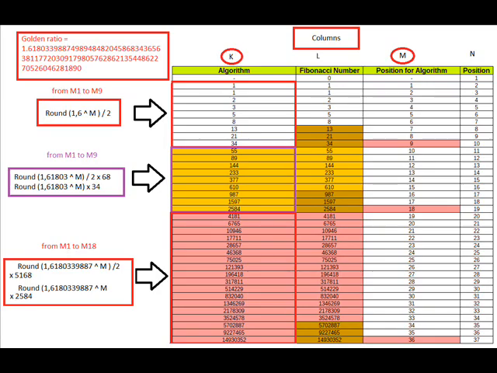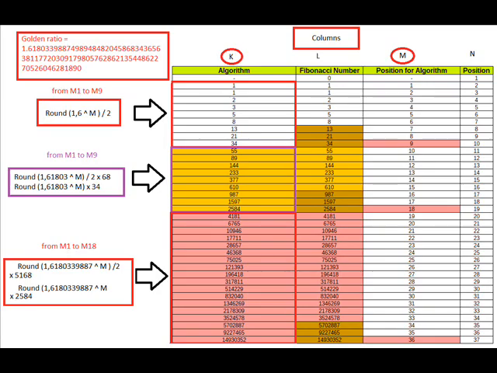One can also use 1.61803 to the power of m divided by 2 and multiplied by the sum of the previous 3 numbers, that is 68, which is equal to 34 plus 21 plus 13. The first number of this sequence uses the value m, which corresponds to 1. The value of m for this sequence begins in 1 and goes up to 9.